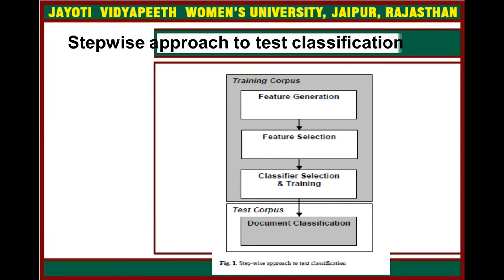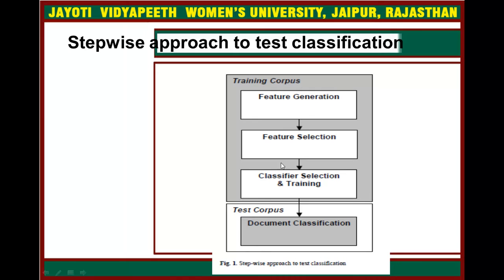As you have seen in this figure, this is the stepwise approach of test classification. The training corpus is basically divided into 3 parts, that is feature generation, feature selection, classifier selection and training.